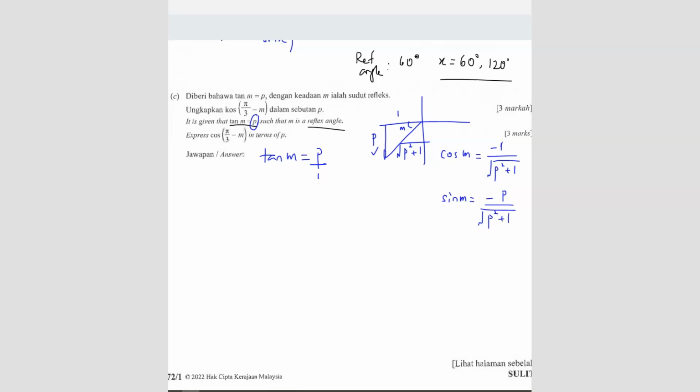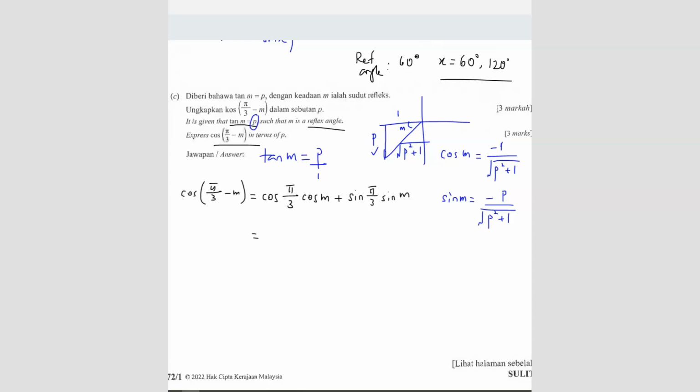The question asks to express this in terms of P. So cos of (pi over 3 minus M) equals, using the formula and expanding, cos pi over 3 cos M plus sine pi over 3 sine M.